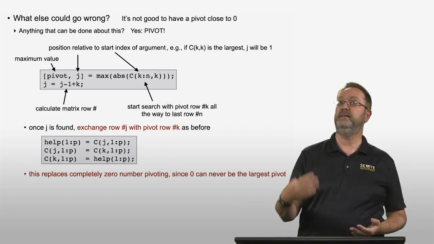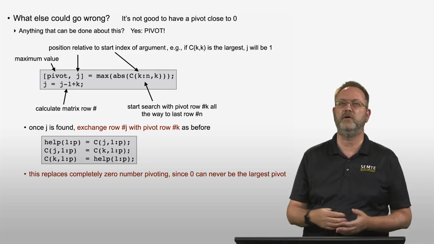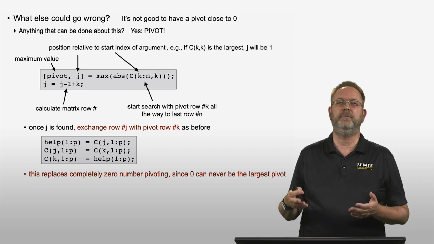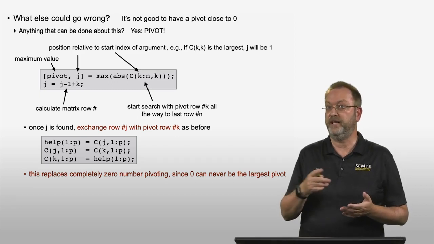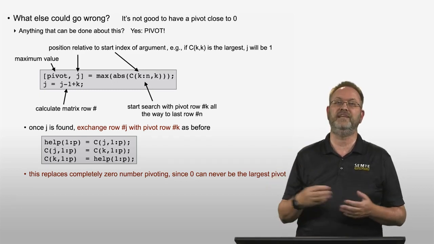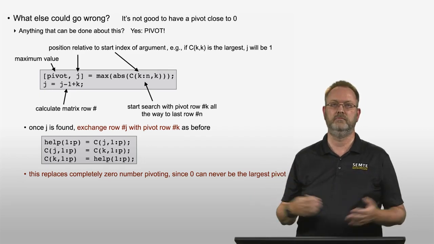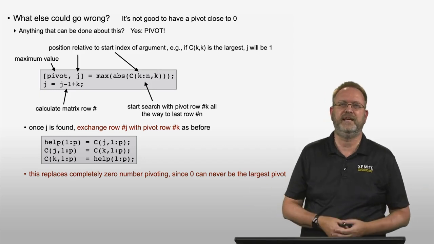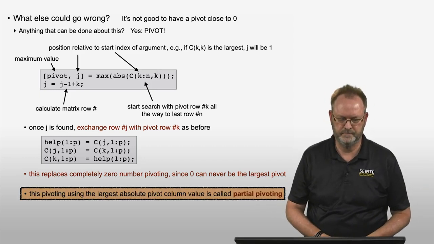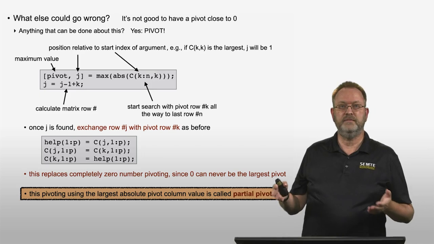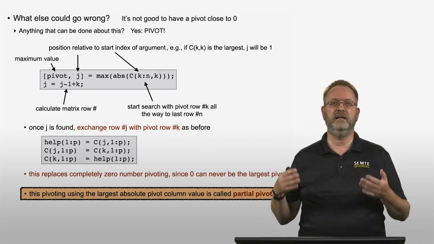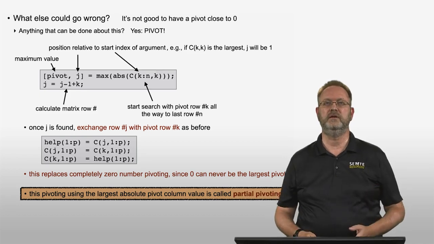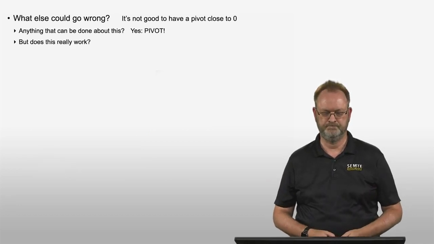So if we find a 0 in the pivot position, then our max function will always pick up a value larger than 0 that we will exchange into the pivot row. If all the values are 0, well, then the matrix is singular and we can't solve it in the first place. And we call this pivoting using the largest absolute pivot column value partial pivoting.